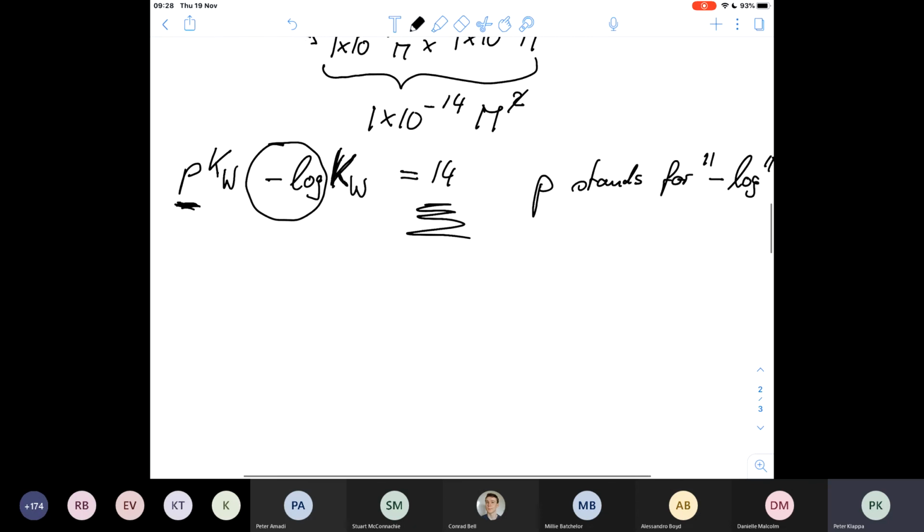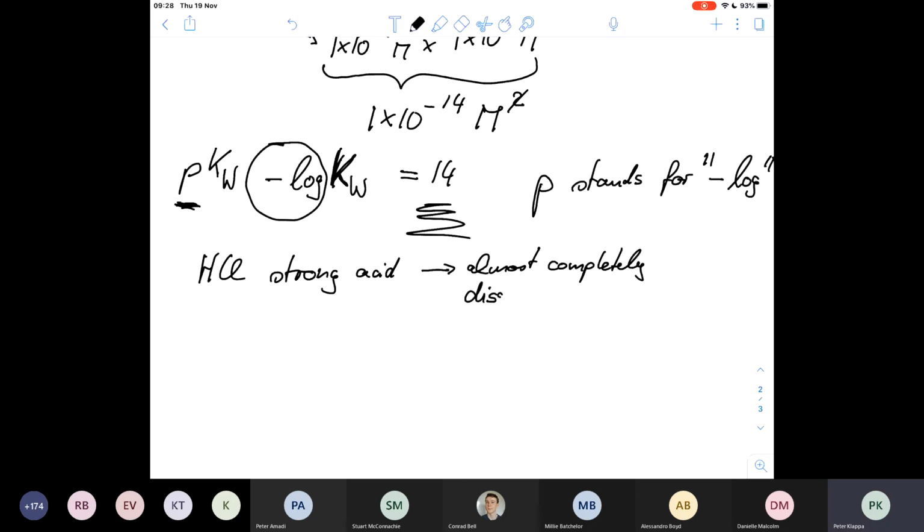We said, obviously, HCl is a strong acid because it almost completely dissociates into the protons and the chlorides. So that is the definition of a strong acid.